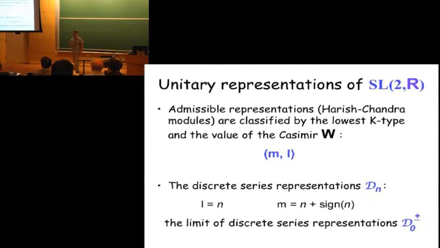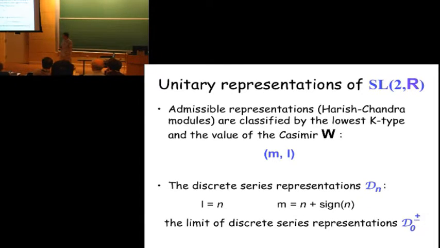There are sometimes different ways of labeling discrete series representations. Sometimes people talk about Dn plus and Dn minus, where n is positive. Sometimes, like I do on this slide, people talk about Dn, allowing n to be positive and negative, but then you don't have to worry about plus and minus.